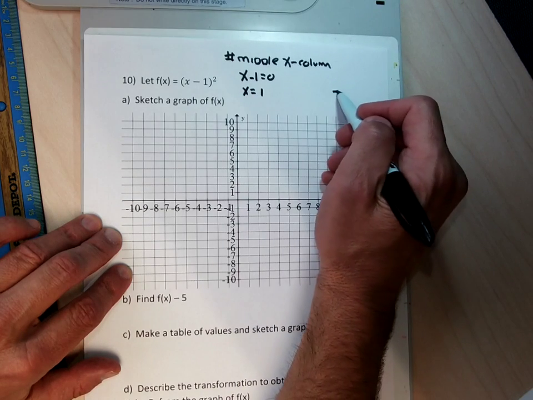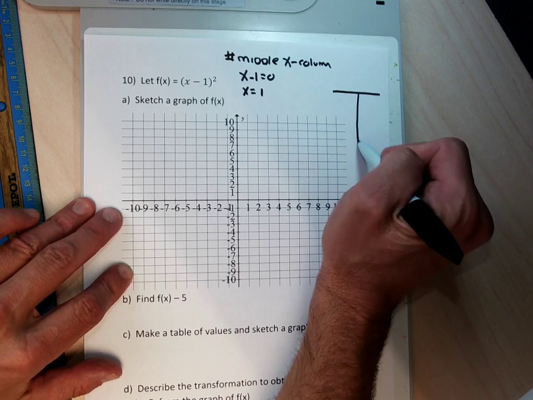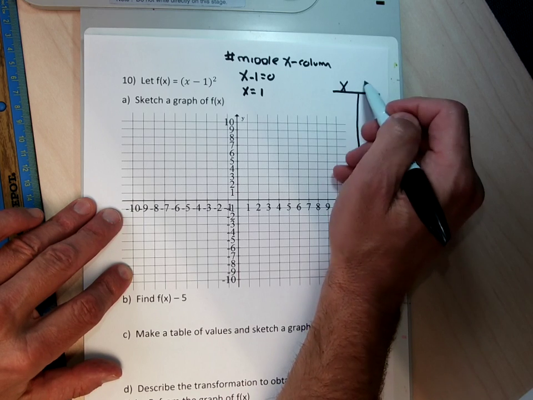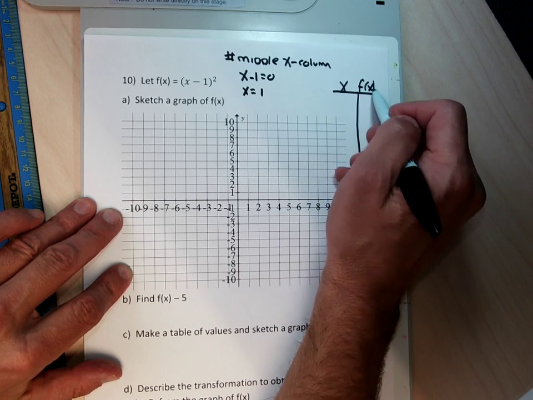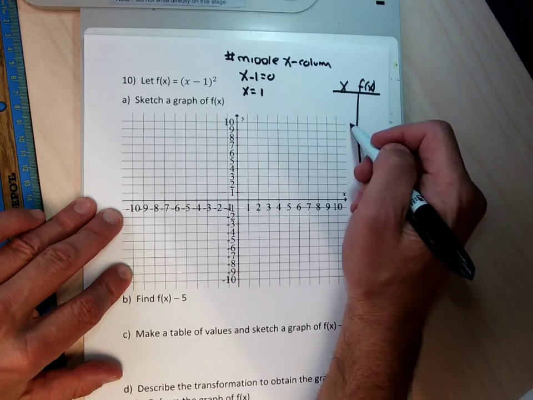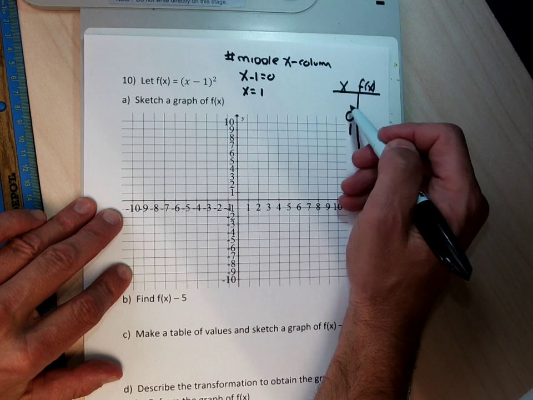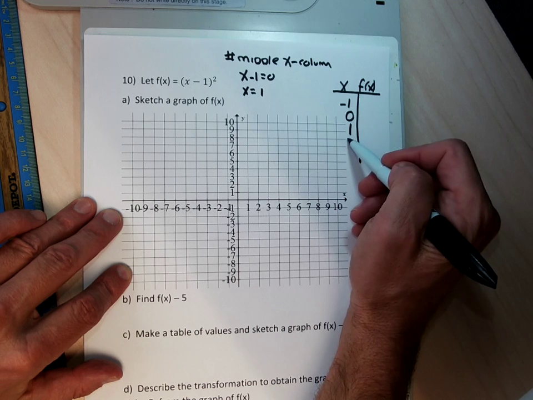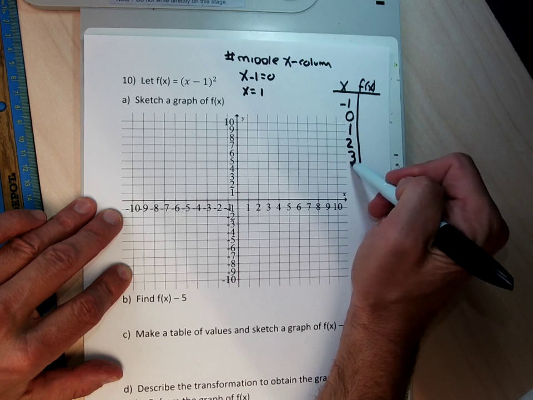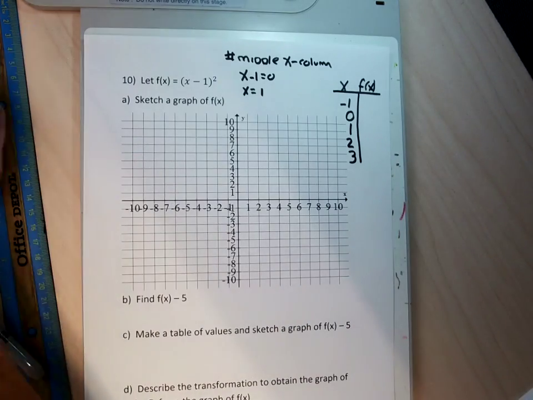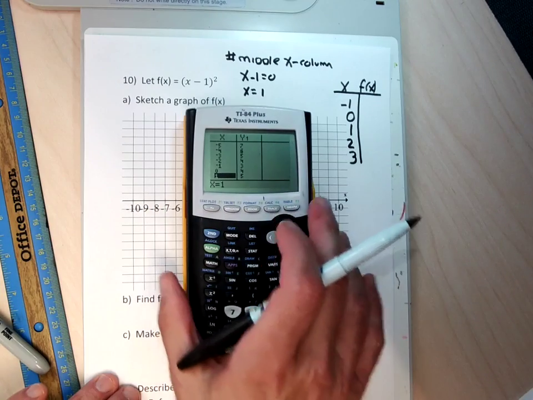So when I go to do my initial graph, I'm going to have an x column and an f of x column. And in the middle of my x column, I'm going to put the number 1. And then I'm going to go smaller. Less than 1 is 0 and negative 1. Bigger than 1 is 2 and 3. I'm going to get the y's using my calculator just because it takes so long to do this video anyways.